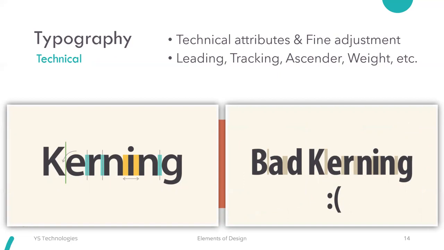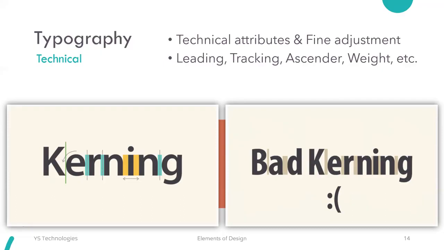Well, let's get a little bit more technical. What are some of these technical fine adjustments that we can do? Most of us are familiar with making text bold, italicized, underlined, and so on.